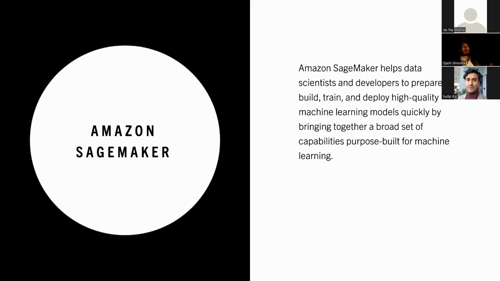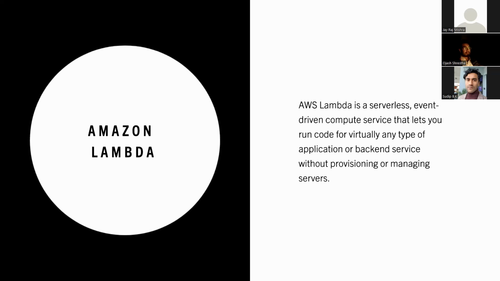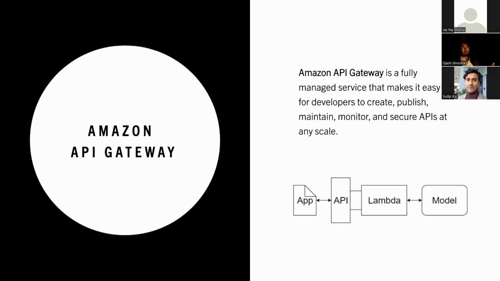And then you can use other services, for example Amazon Lambda, to trigger events from your machine learning model. And then you can use the API Gateway of Amazon itself to actually get data.